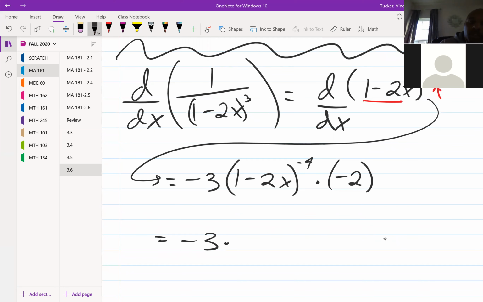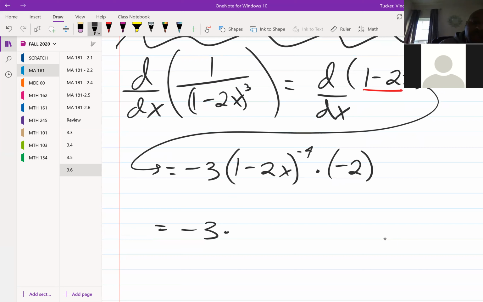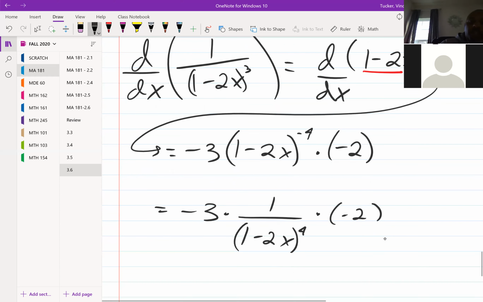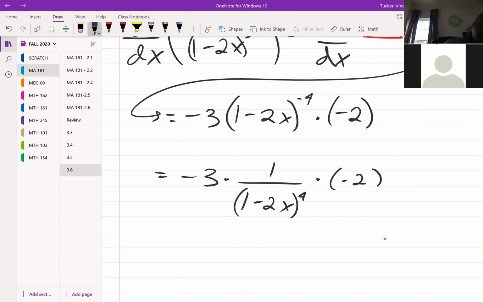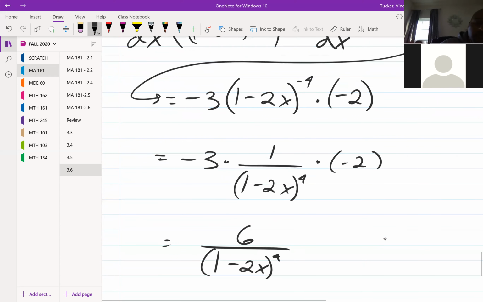Drop the quantity with the negative exponent back down bottom to make it positive. And I can multiply the negative 2 and negative 3. And I have positive 6 on top, 1 minus 2x to the fourth power down bottom.